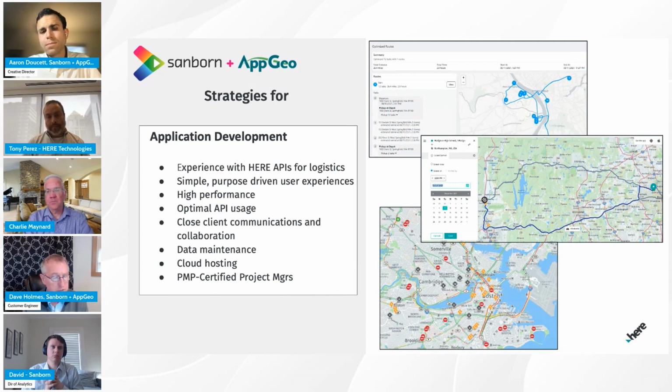We want to take advantage of these APIs in an optimal fashion, so you're not wasting any money or API calls. We do these kinds of projects in close collaboration with our clients. We offer data maintenance services for the care and feeding of your logistics application. We offer cloud hosting, and we do this all with PMP certified project managers.